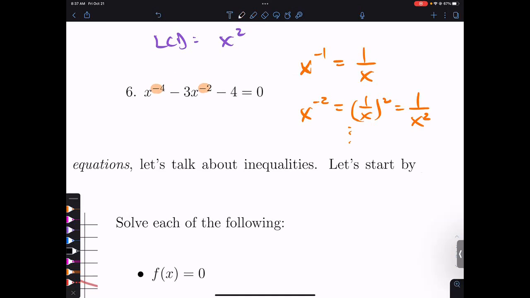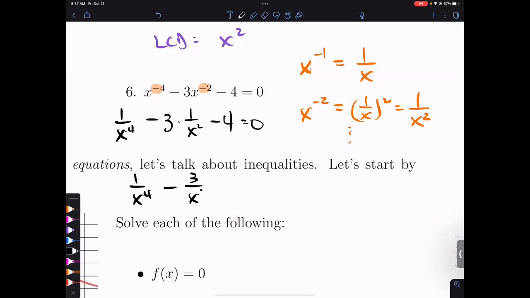So what's really happening here is that x to the -4 is 1/x to the 4th minus 3 times x to the -2, or you could also write that as 1/x to the 4th minus 3/x squared minus 4.